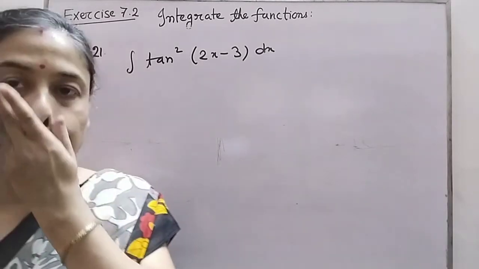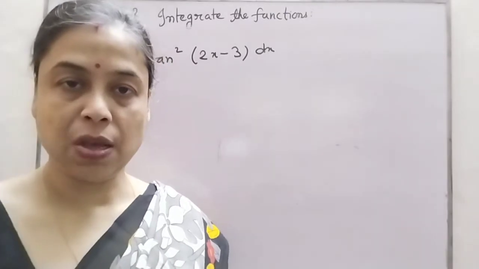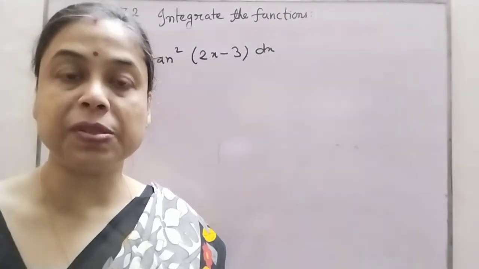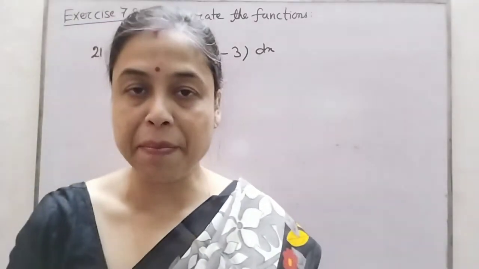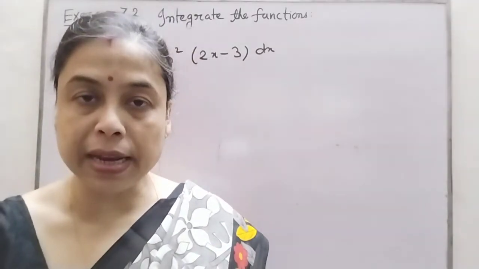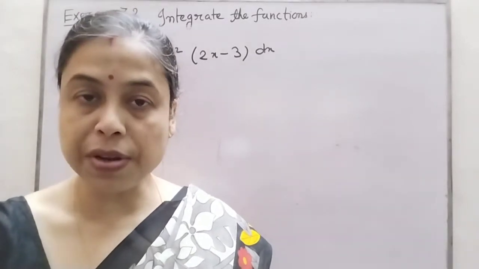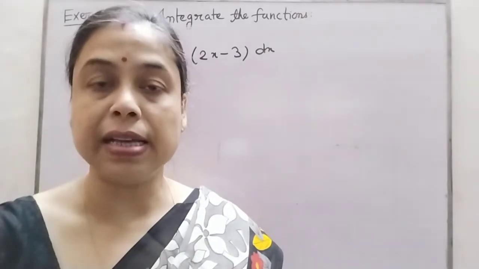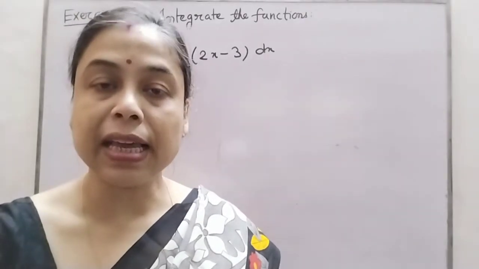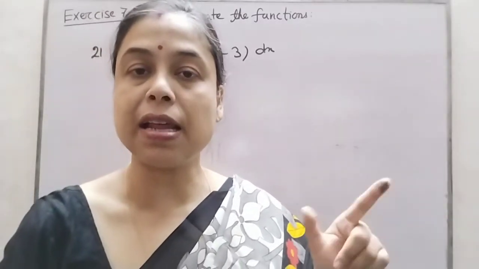If you notice this question, in the last exercise we have done the derivative of the tan square function. I also asked you to remember, when a square of tan is there, always convert in terms of sec, because we know the relation between tan and sec. What is that? 1 plus tan square theta is equal to sec square theta. And sec square is integrable, a standard formula is there. So we will convert tan in terms of sec.